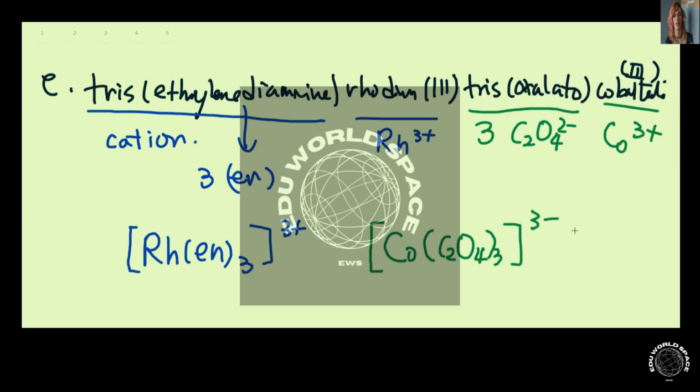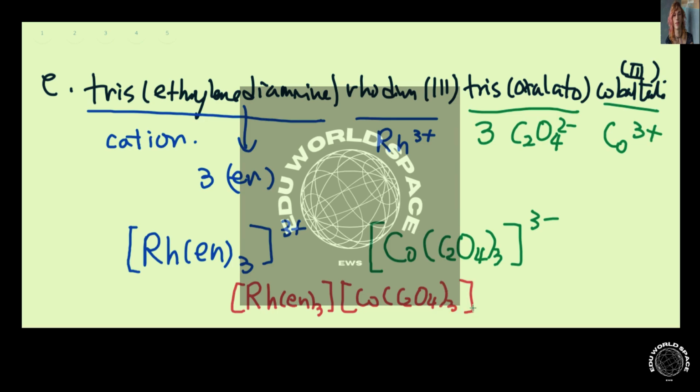So as both cation and anion have equal charge, positive 3 and negative 3, the formula of the compound will be simply 1 to 1. So we will just write rhodium en3, cobalt C2O4 3.